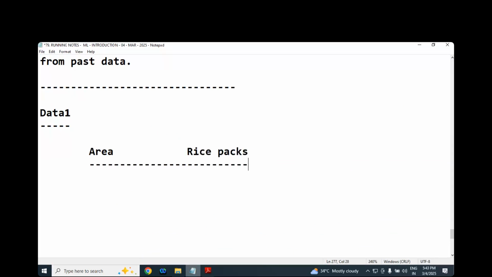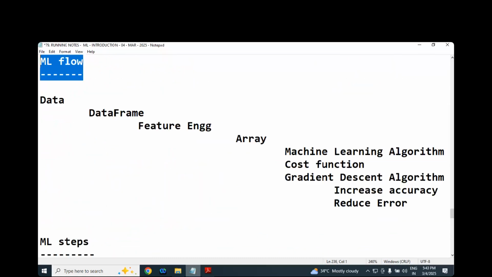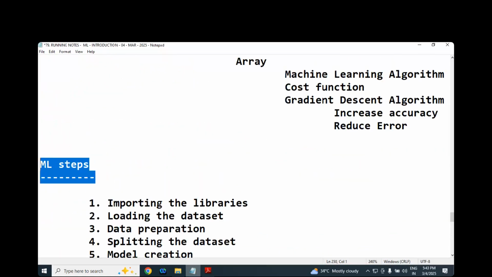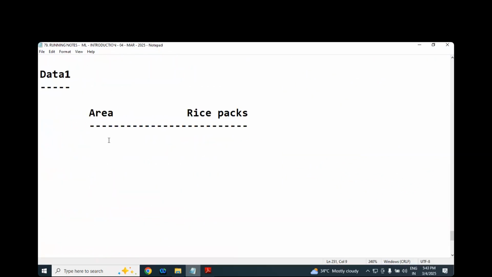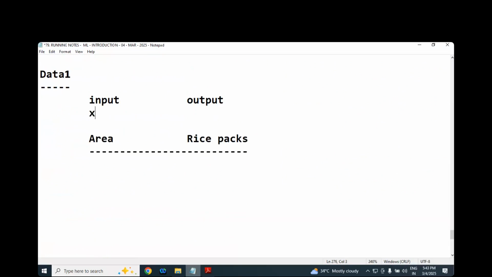Tomorrow, all of you, your assignment: please prepare the ML flow and the ML steps and come to the session. I will ask everyone tomorrow, please. Here, area is the input and rice packs is the output. It is called X and it is also called Y.